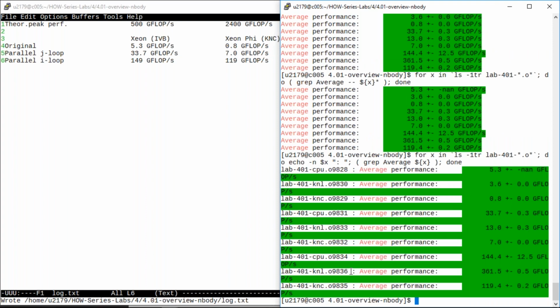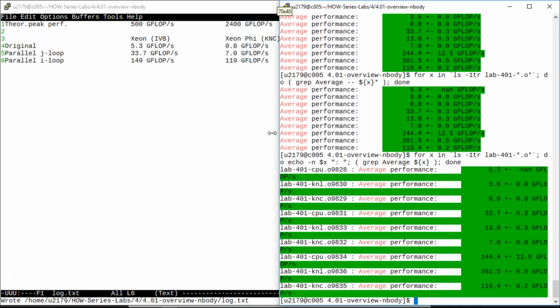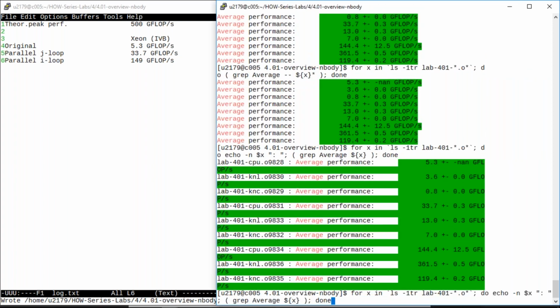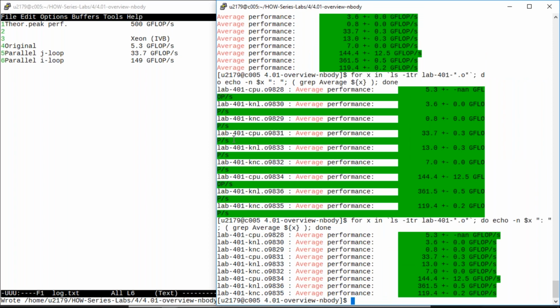Is that better? A little long. Does that fit? Okay, perfect. Now the last 3 lines give us the performance values.